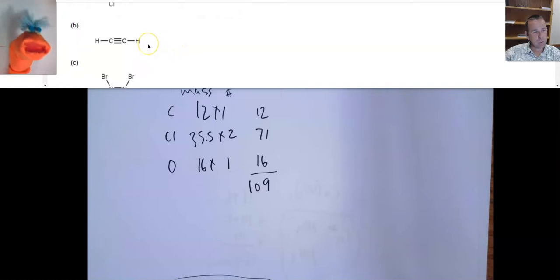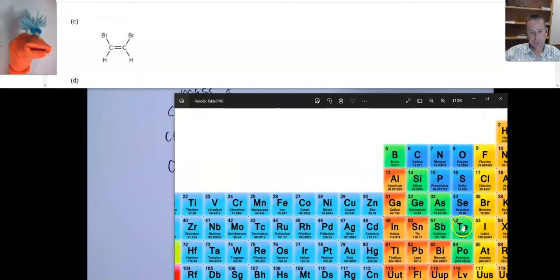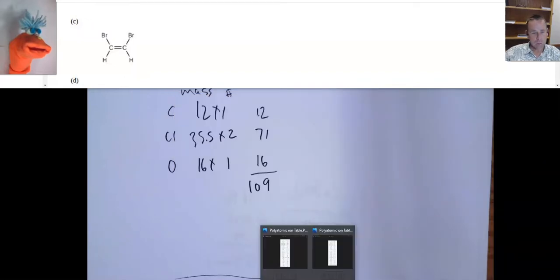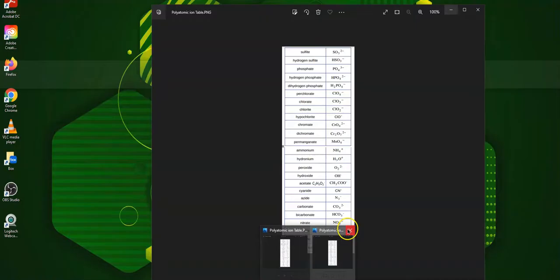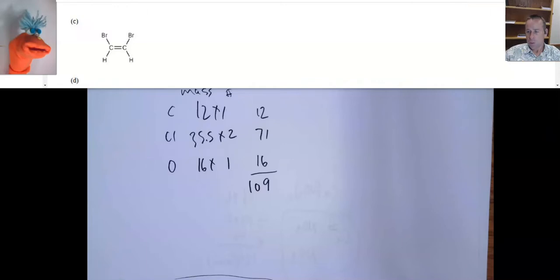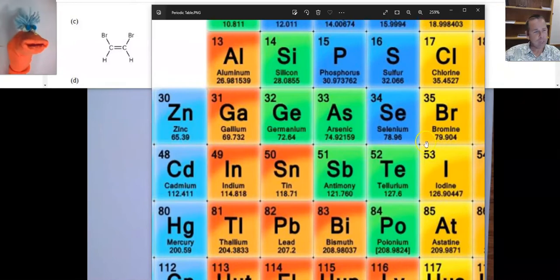All right, this one here. That one's easy. 24, 26. That's right, 2 carbons, 24, 25, 26. This one, 24, 26 plus the 2 bromines. What's bromine? I think bromine's like 81. Right? 80. 80 is bromine.